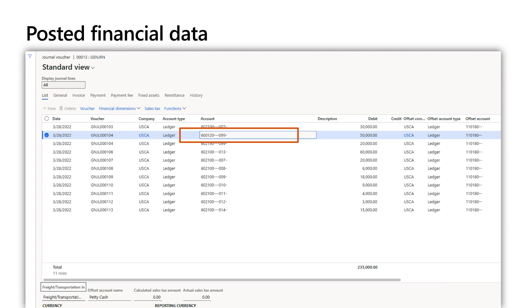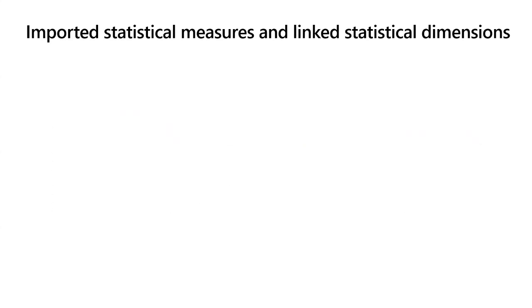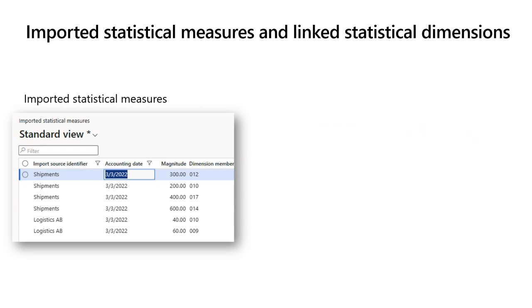In addition to this, we have also posted and created a statistical measure. In this case, we have created measures for shipment and logistics allocation base. Shipment represents the number of shipments done by different cost centers, which is 300, 200, 400, and 600 for these cost centers.